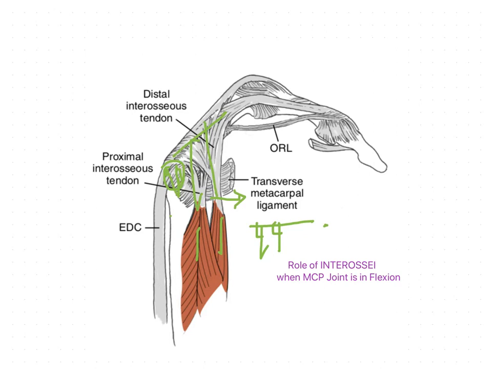So during MCP flexion, the interosseous mainly helps in the flexion of the proximal phalanx.